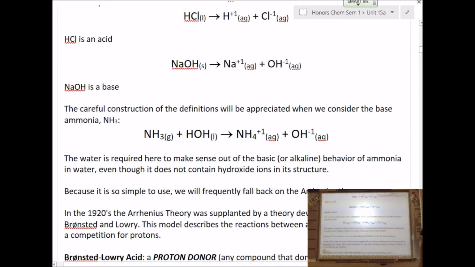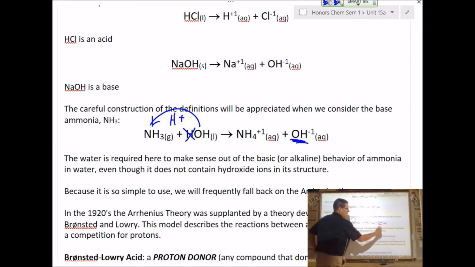Now, here is something that somebody asked about in first hour. They said, well, what about ammonia, NH3? How does it behave as an acid or base? Well, it doesn't dissociate into anything that we would recognize as either hydrogen or hydroxide. But what ammonia does to water, ammonia actually rips a hydrogen off. So if it takes that hydrogen away, what remains?